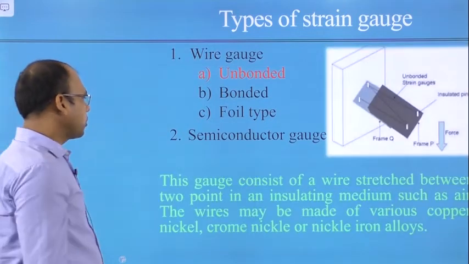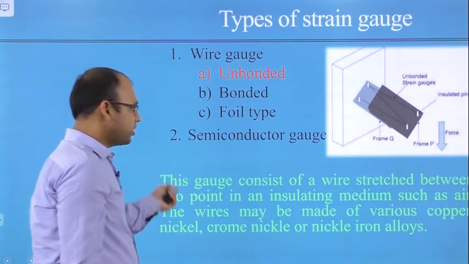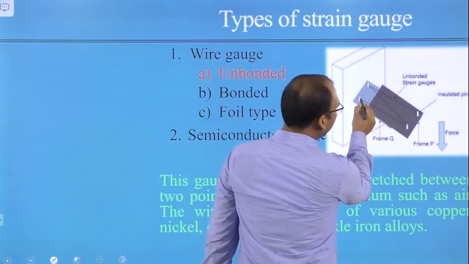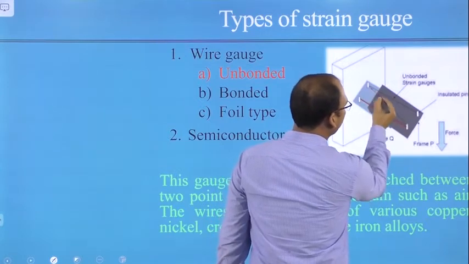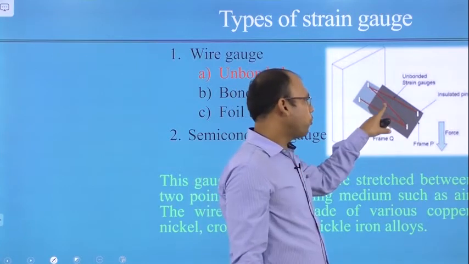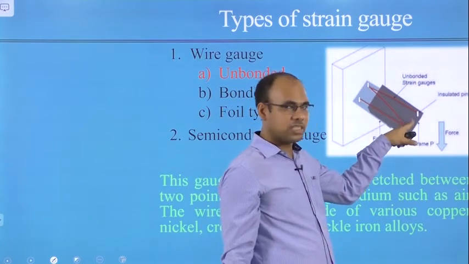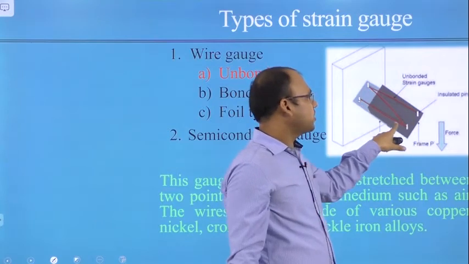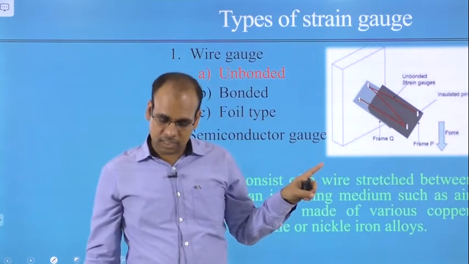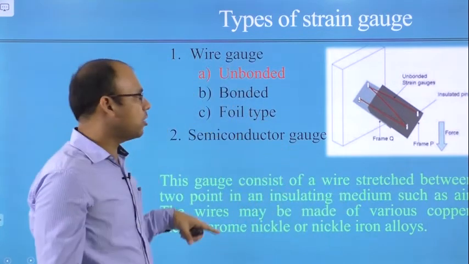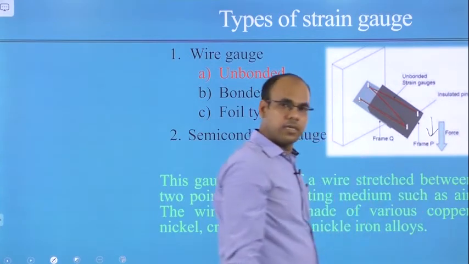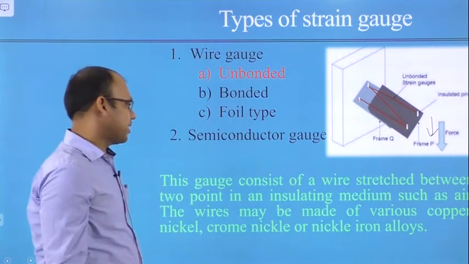So whenever I'm talking about the unbonded strain gauge, this strain gauge consists of a wire stretch, because you can see here the wire is connected at points, the wire is stretched, and whenever there is an elongation due to the force applied on this frame, there is a change in the length of the wire, and this change in the length of the wire corresponds to the force applied. It is calibrated to the force applied to this device.